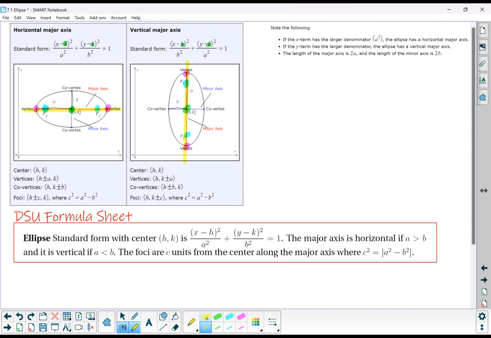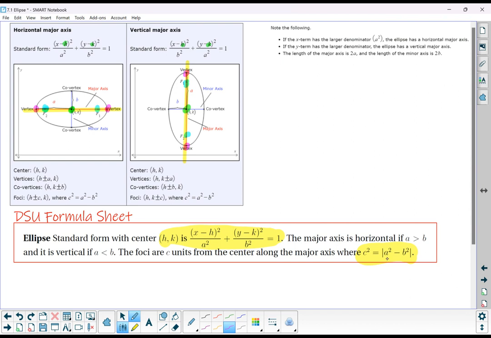So on your Utah Tech formula sheet, it has this standard form of an ellipse equation centered at (h, k), and at the end of that paragraph, it says the foci are c units from the center along the major axis, where c is equal to the square root of the absolute value of a squared minus b squared. They have absolute values around here just because we definitely want this to be a positive number.